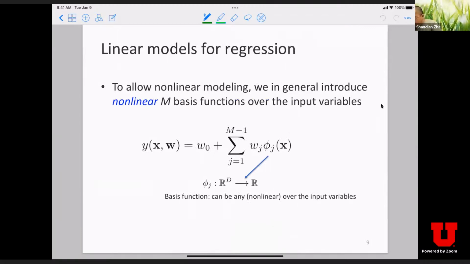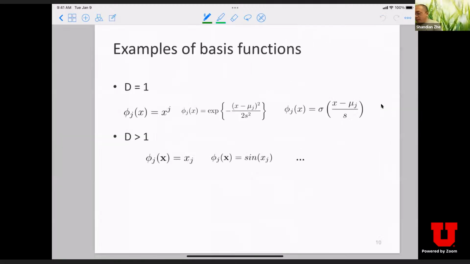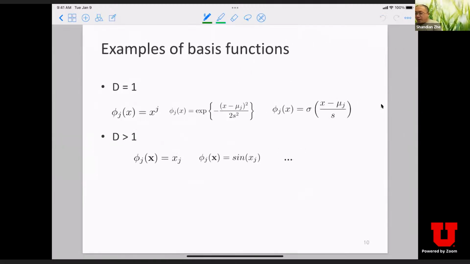And this basis function can be any nonlinear function over the input variables. Of course, if you want to still stick to linear modeling, you can define the basis function as a linear mapping or linear transformation of the input feature vector x. It doesn't matter. So here are some examples.